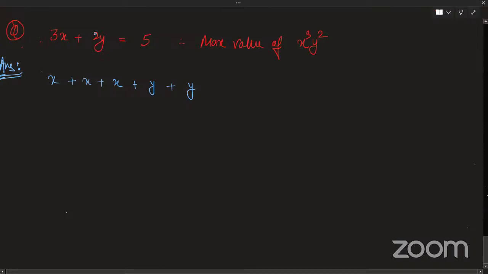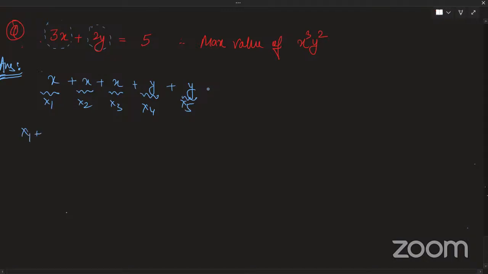So now, instead of treating 3x as one single entity and 2y as one single entity, I am breaking it into a total of 5 parts. I have 3 times x and 2 times y. So treat these as 5 different entities: x1, x2, x3, x4, x5.